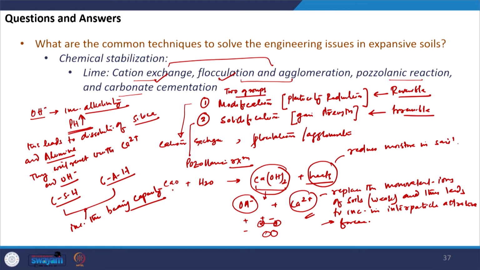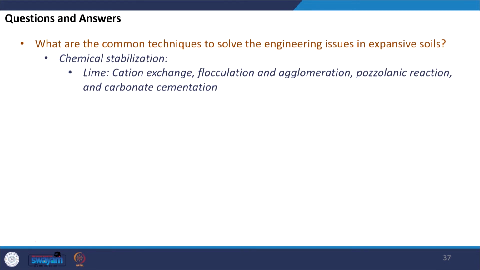All right. Now, further, another reaction, I am removing this assuming that this is clear. So, these are the two steps which have taken place. Further, another reaction takes place between lime and atmospheric CO2. So, lime and atmospheric CO2 react with each other to form calcium carbonate, which is again a cementing product, but it is weak in nature in comparison to the calcium silicate hydrate and calcium aluminate hydrate that have been formed.